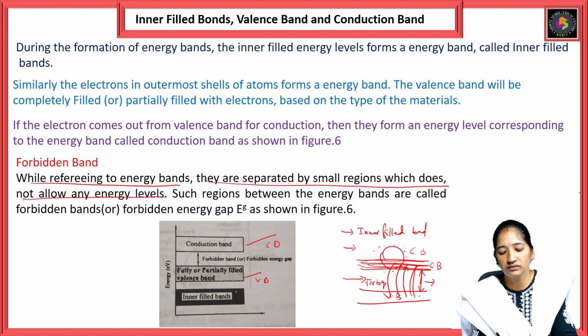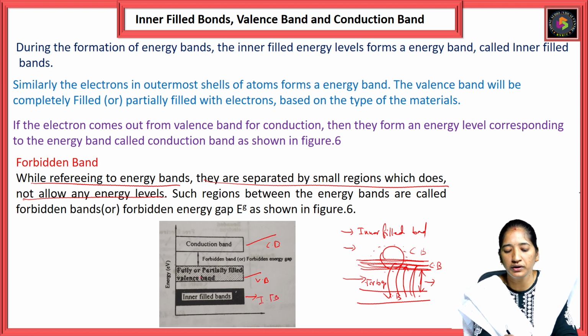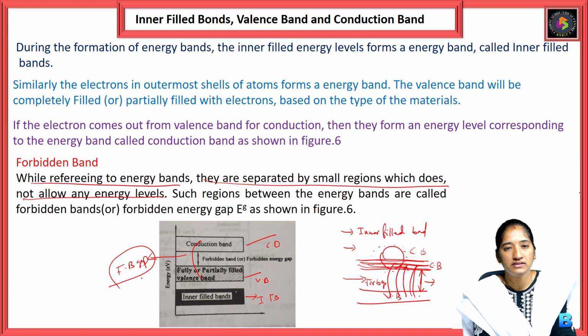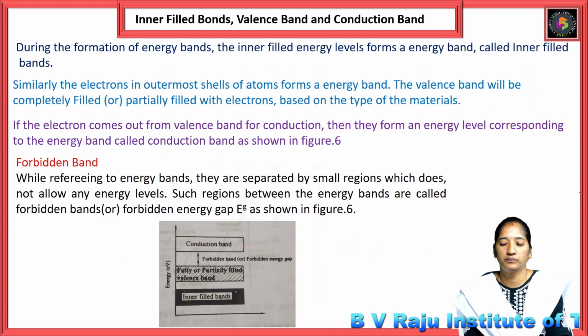First it is filled by the inner filled band. After conduction, it goes to the conduction band. For this process, the region which does not allow energy levels is the forbidden band gap, located between the conduction band and the valence band.